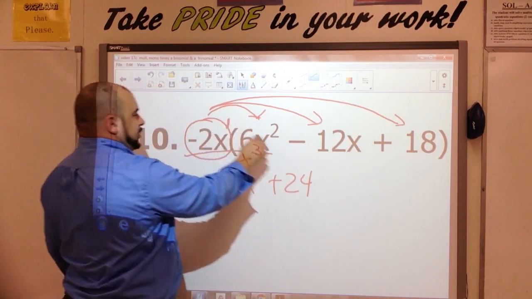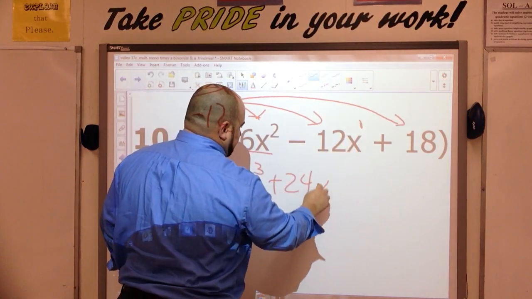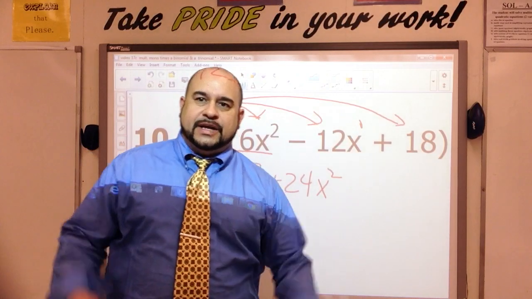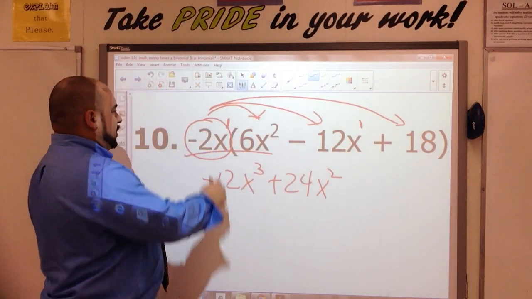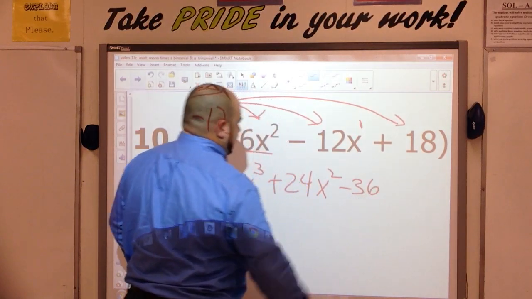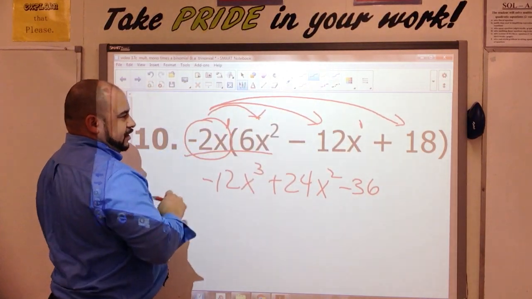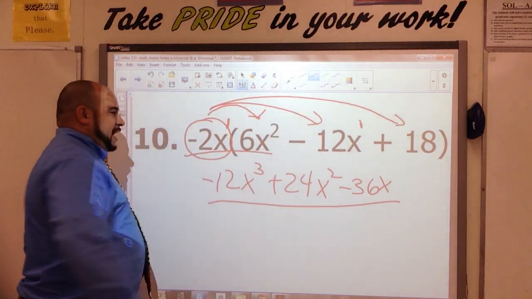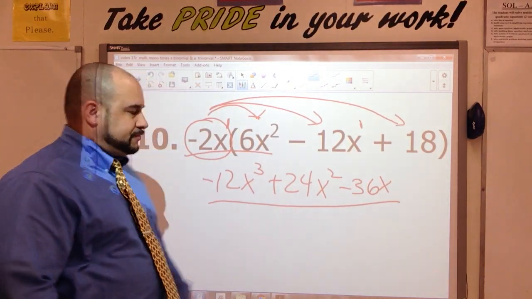You have 1x here, 1x here, so that's a total of 2 x's, because when you're multiplying same base, you add their exponents. Negative 2 times 18, I believe, is negative 36. There's no x over there, there's only the 1x here. So that is your final answer.